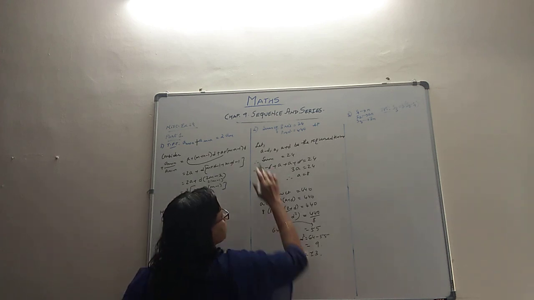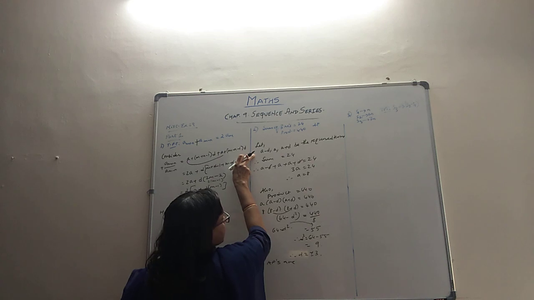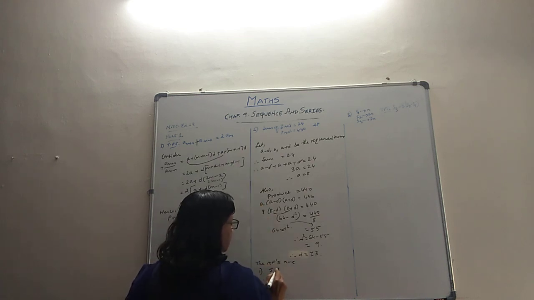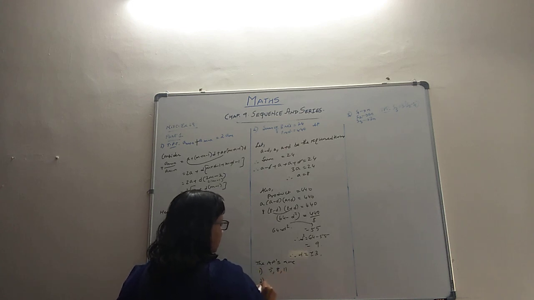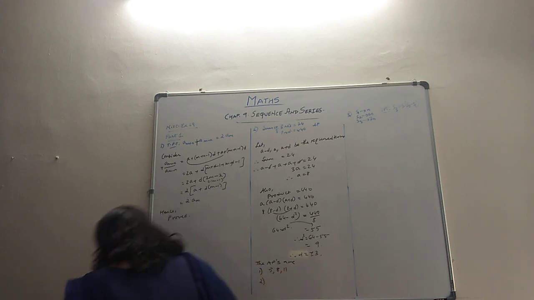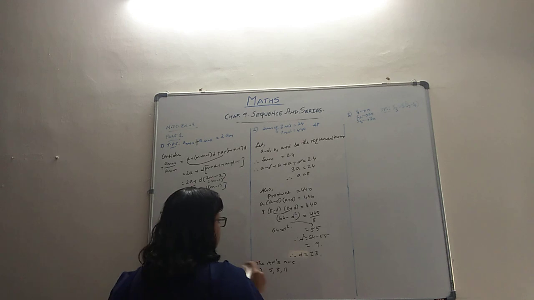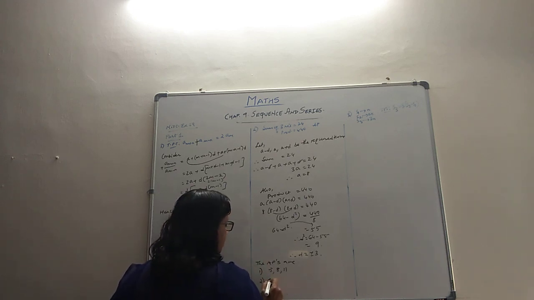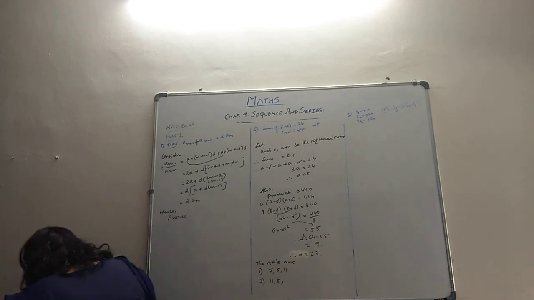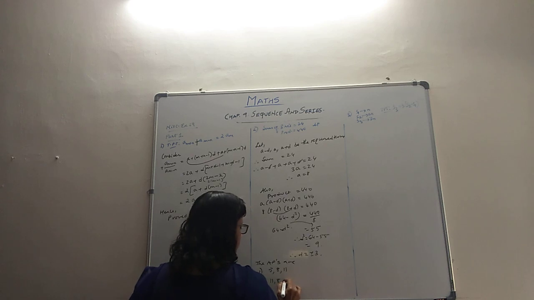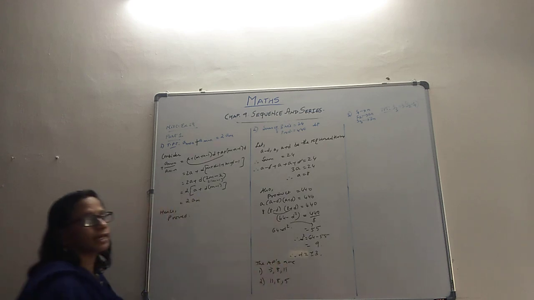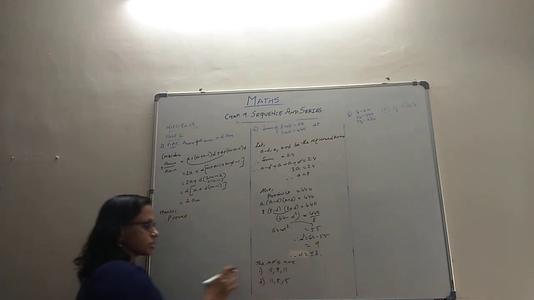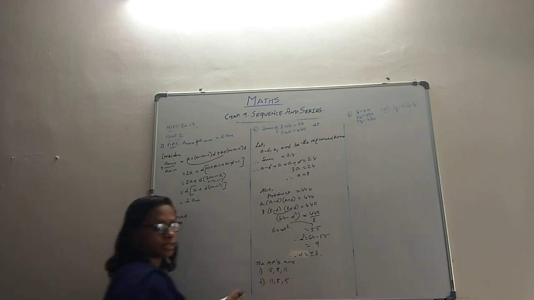In the first case, a minus d, that means 8 minus 3, that's 5. Next case, 8 minus of minus 3, so that's 8 plus 3, that's 11. The next case it's 5. First case the d was 3, and the next case d is minus 3, so that's how you get the answer.